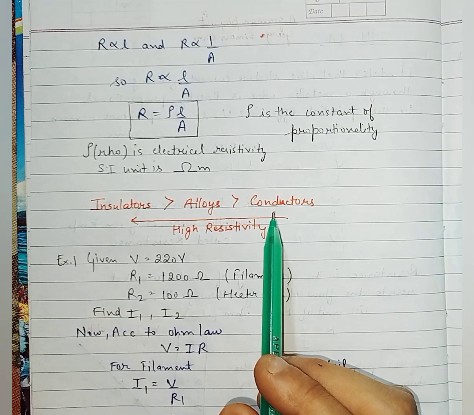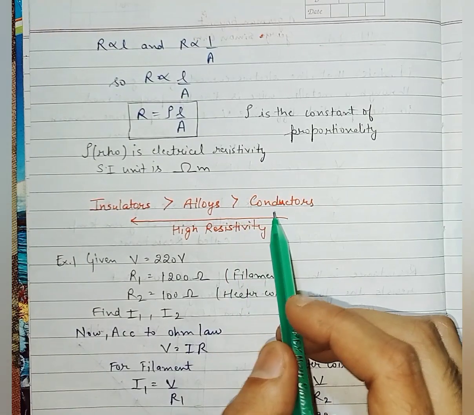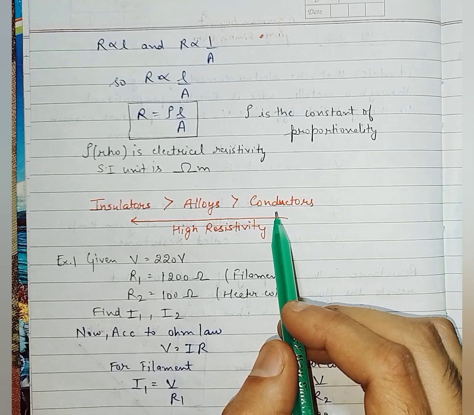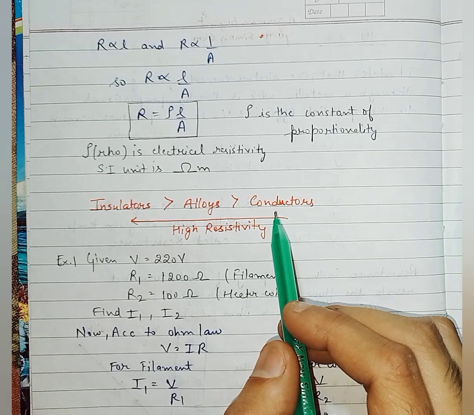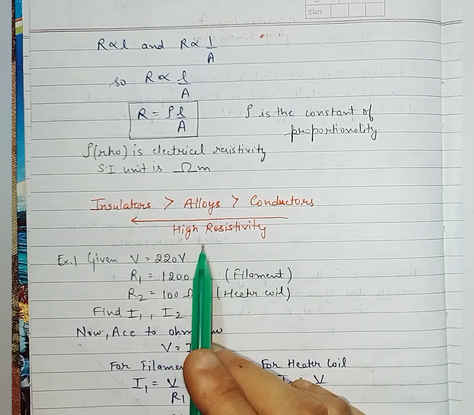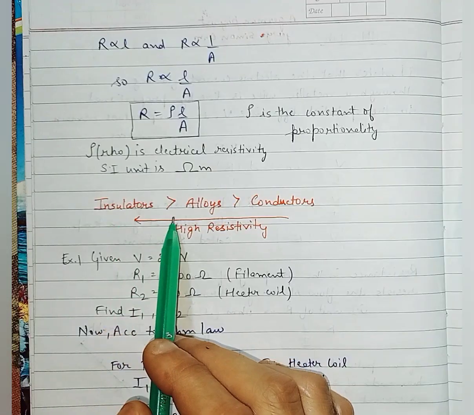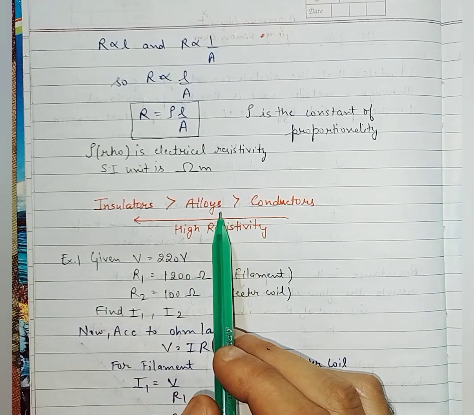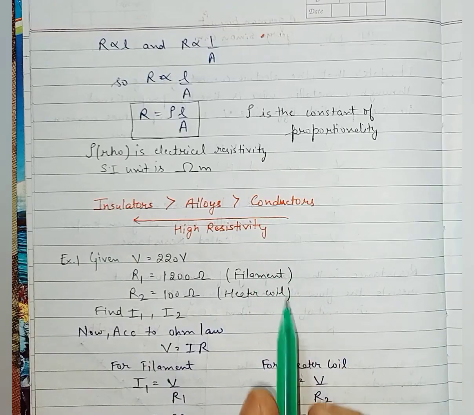So they are good materials for the flow of electricity. And we can say that the resistivity of insulators is higher than that of alloys, and alloys have higher resistivity than conductors.